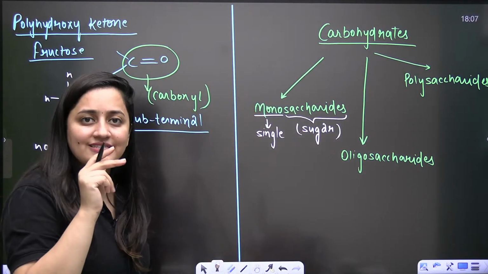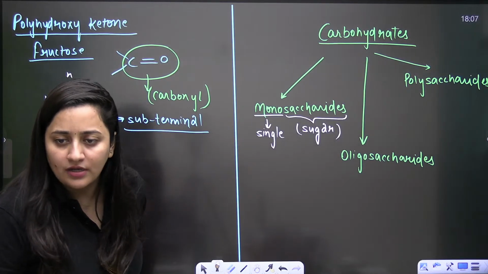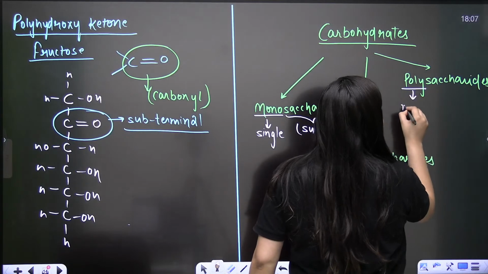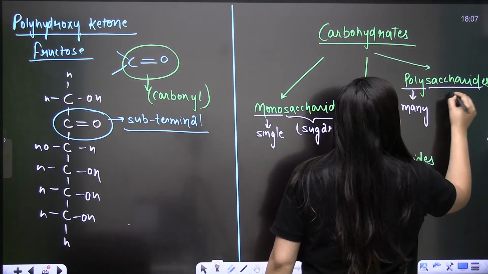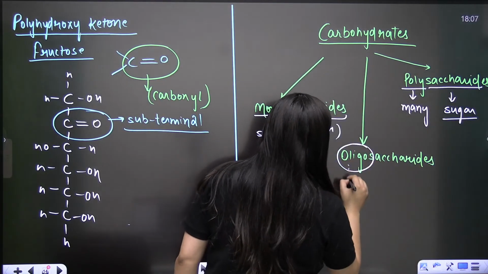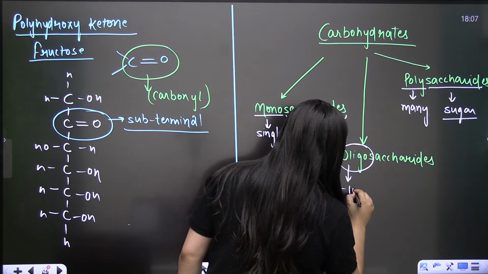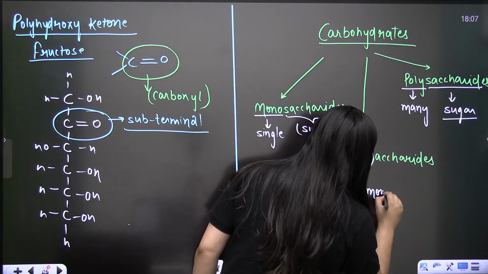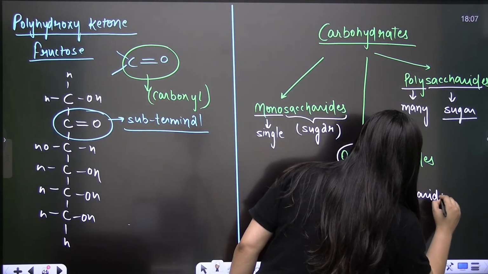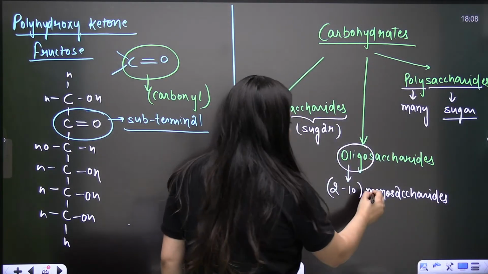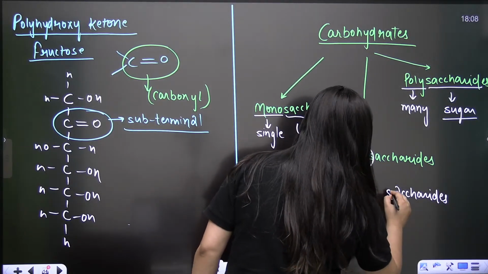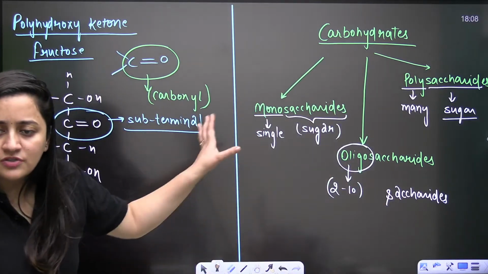The word saccharide is attached to sugar. Poly means many, again saccharide means sugar. And oligo means 2 to 10 saccharides. Clear? So this is what we need to study.